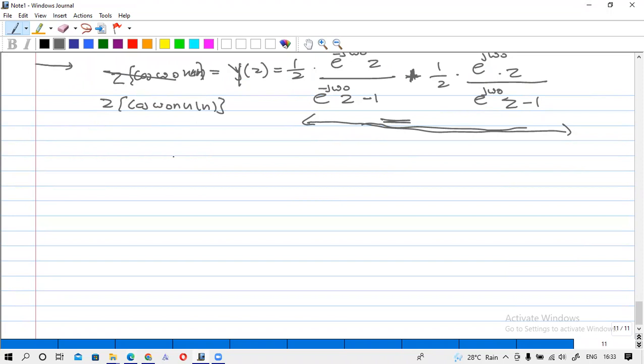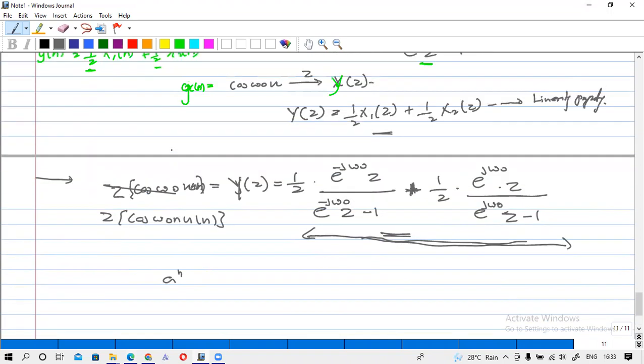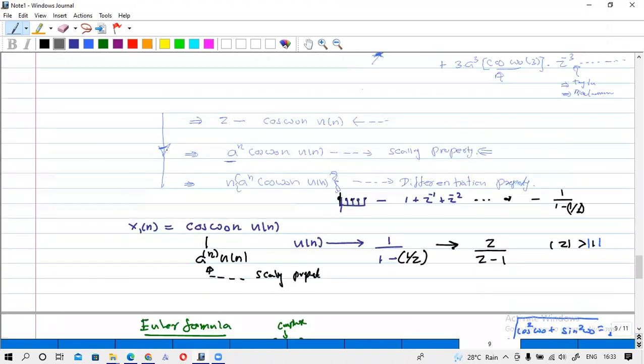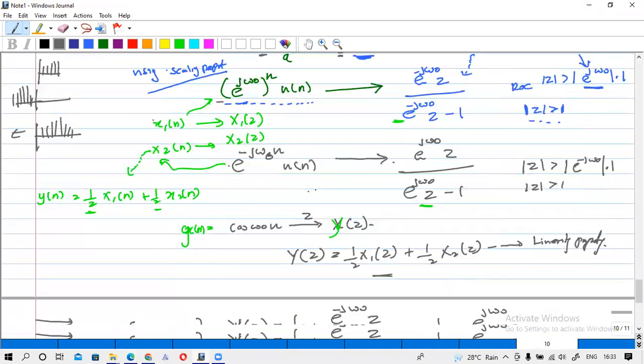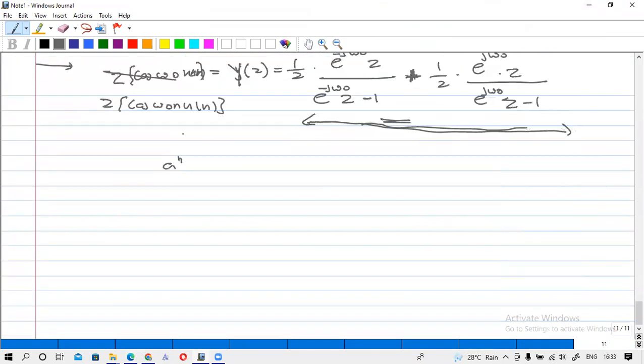My next step is to find the transform of a to the power n cos(omega naught n) u[n].